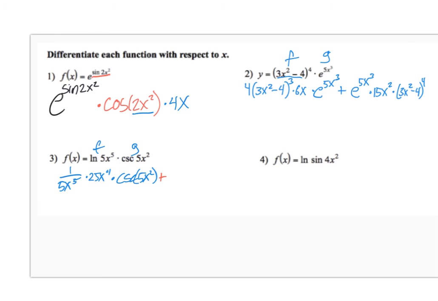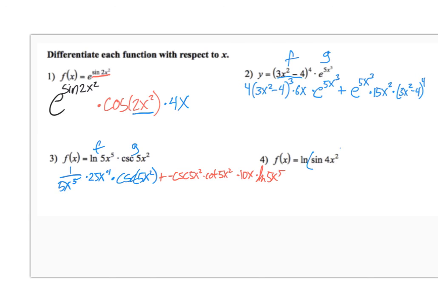Derivative of cosecant is going to be negative cosecant of 5x squared times cotangent of 5x squared times the derivative of 5x squared, which is 10x, and then times the stuff at the beginning, ln of 5x to the fifth. At this point, I would not touch this and go any further, because if you try, it's just going to get a little bit gross. I guess you could simplify the stuff at the beginning, but who cares? You've done the calculus, you're done.